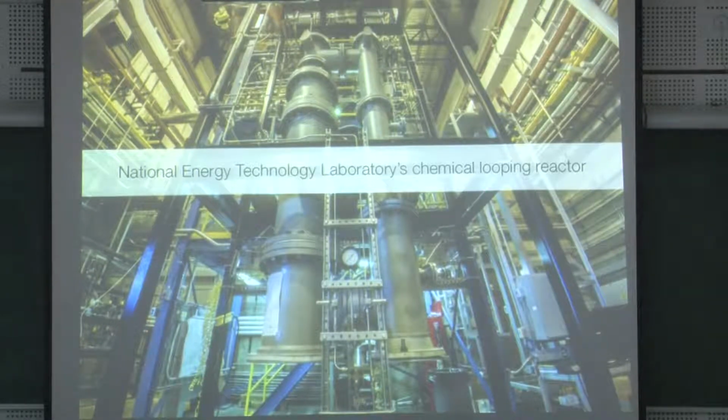Those are multiphase reactors, heterogeneous reactors in which we have a solid phase and a gas phase. And the solid phase is in the form of a whole lot of catalytic particles distributed around in the system.